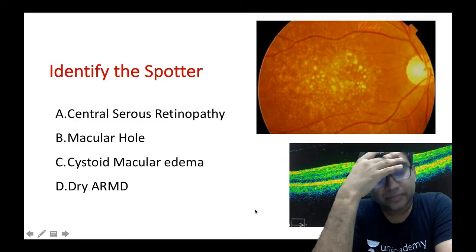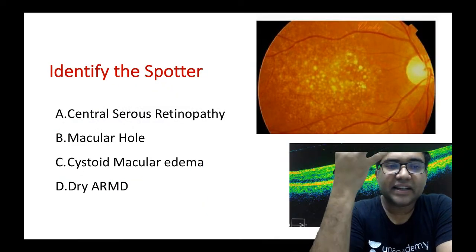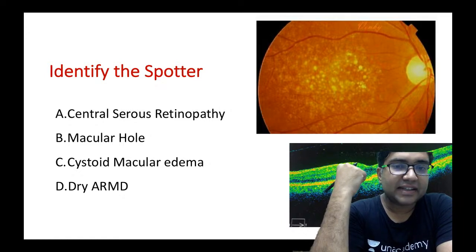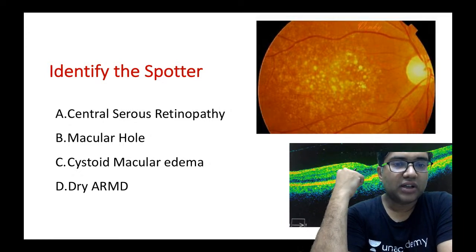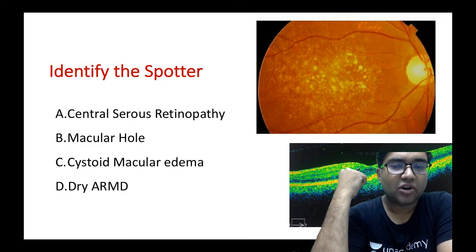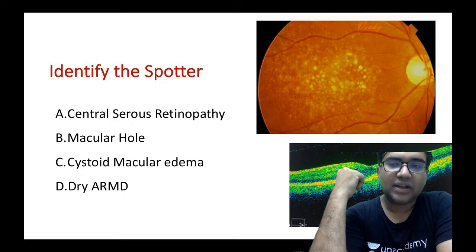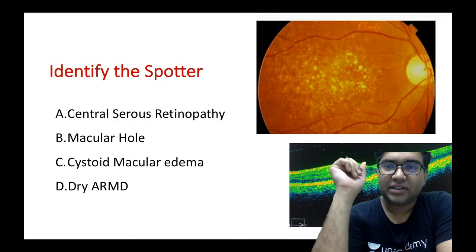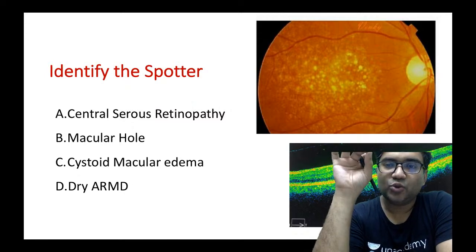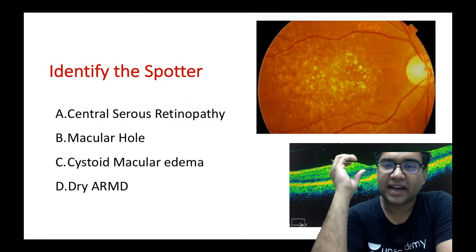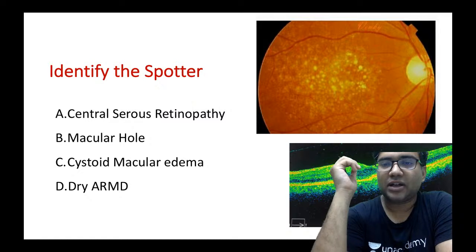Now I come to the topic of the day. So identify this spotter: central serous retinopathy, macular hole, cystoid maculoedema, or dry age-related macular degeneration. Try to answer. If you can appreciate here, in this case you are seeing some yellowish spots at the level of macula.